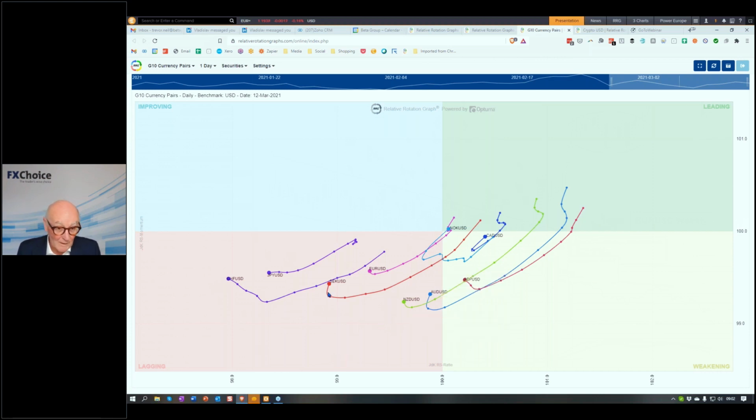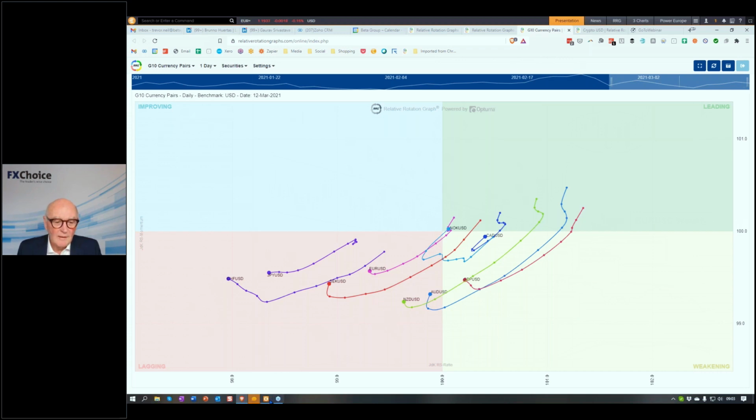So they're weakening, going west, and south means lower momentum. So this is the dollar strengthening against all the other currencies, or the currencies weakening against the dollar. The best ones to be in are the Canadian dollar and the British pound. The yen and the Swiss franc are the worst ones. The euro is here.